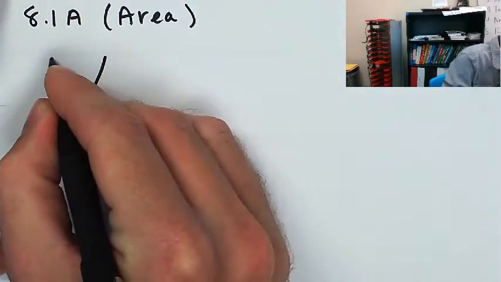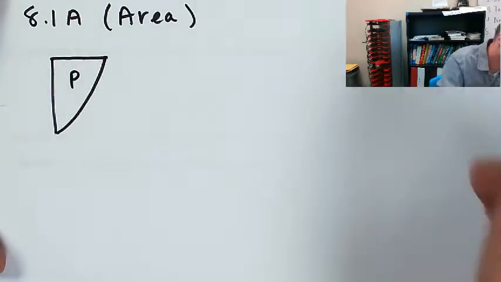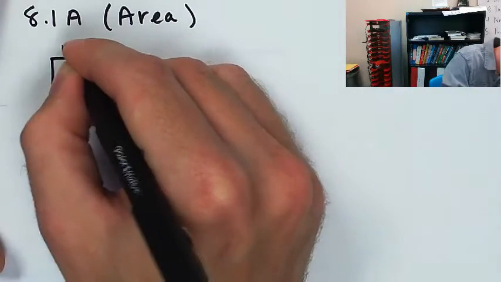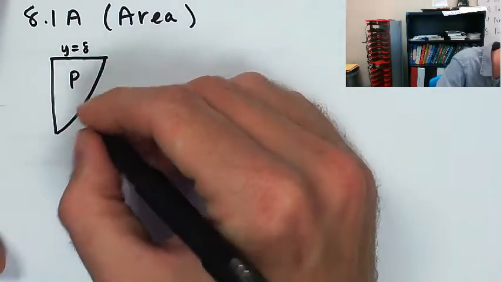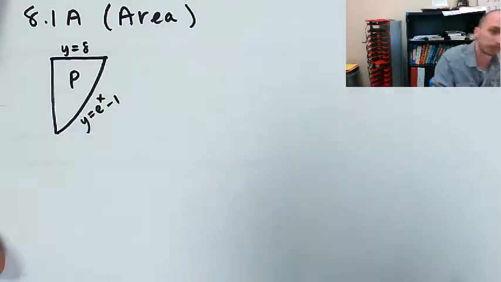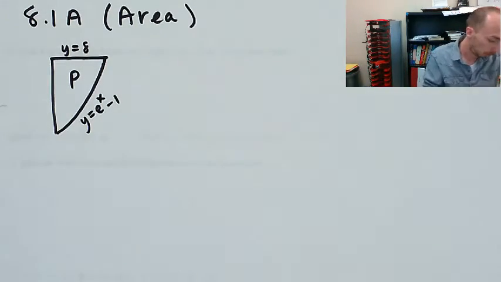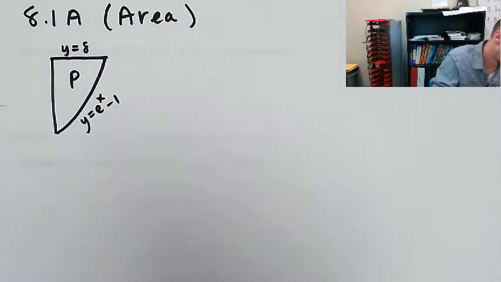So that's going to be P right here, and might not always be drawn to scale, but this is y equals 8, and this is y equals e to the x minus 1. Okay, so I'm going to say, okay, if I want to find my area, I'm going to integrate.